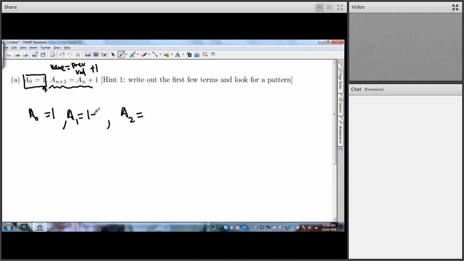So A1, the new value we want, is equal to the previous value, which is 1, plus 1, which gives you 2. A2 would again be equal to the previous value, which is 2, plus 1, which is 3. Then A3 would be the previous value plus 1, which is 4. So that's the idea of subbing in.